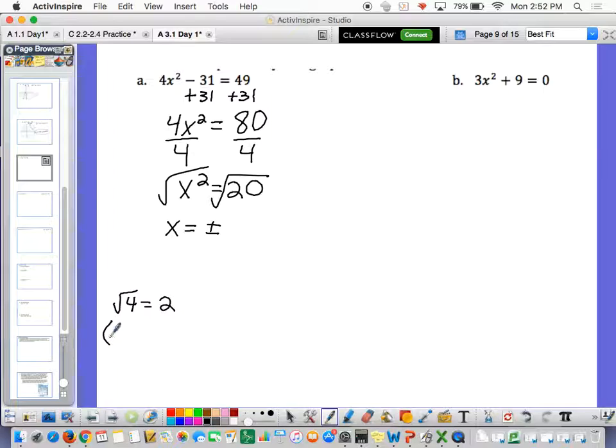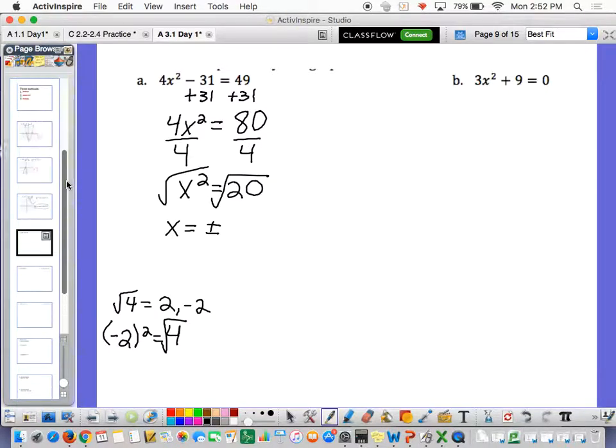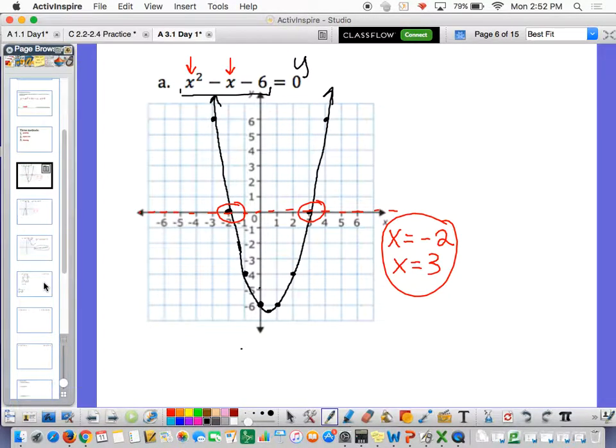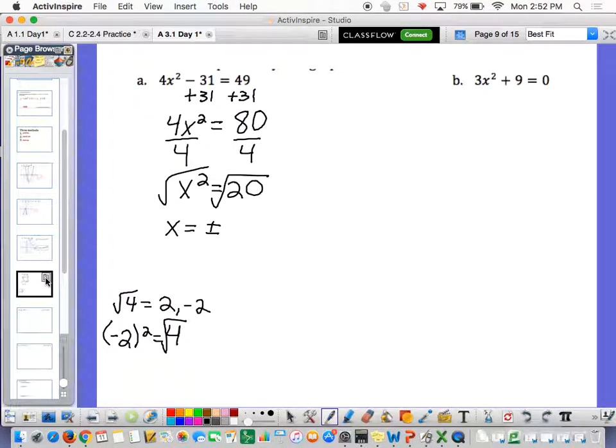Except that what happens if you take negative 2 and square it? Well, that also gives you 4. So if I asked you for the square root of 4, it could be 2, or it could be negative 2. So anytime that you physically take the square root like we did here, you have to have a plus and minus. You have 2 answers. Similar to this one right here, you had 2 answers there. That's kind of what's going to happen here.